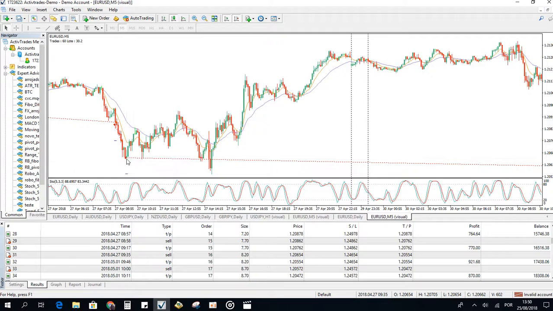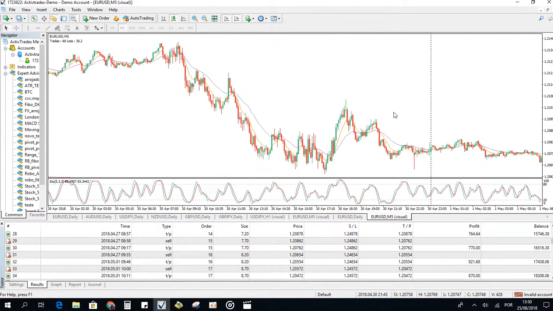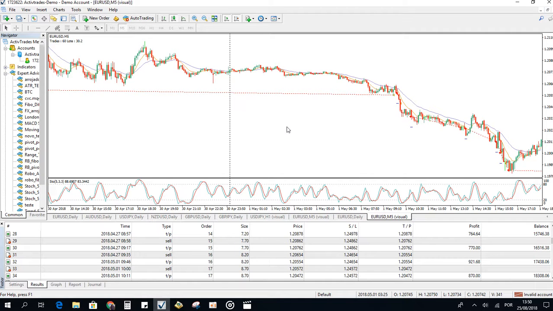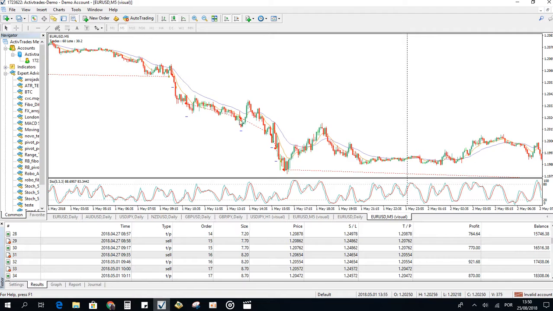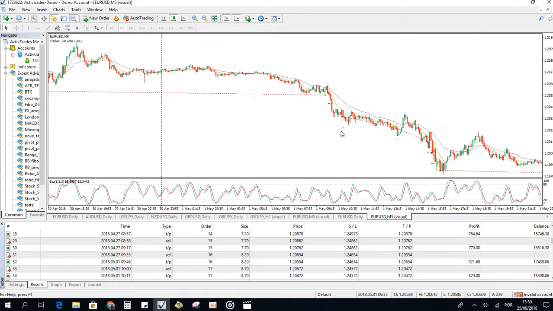I was working. I couldn't be in front of the computer looking for good opportunities. There's no way to control the good opportunities. You may be sleeping or working, but the robot, the expert advisor, that's why it's nice to work with an expert advisor. Look how many opportunities in the same day.